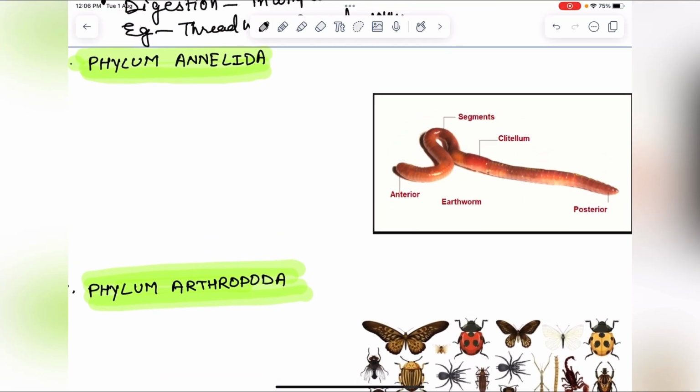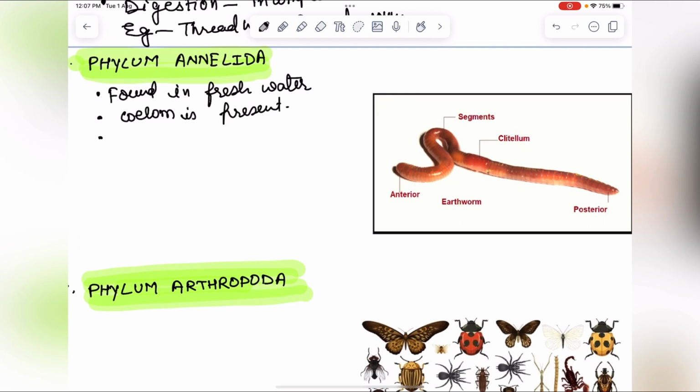Phylum Annelida. They occur in fresh water. They have coelom. Body cavity is present in their body. Next is, they have bilateral symmetry. They are found in fresh water or moist soil. Some are free living, some are parasites.